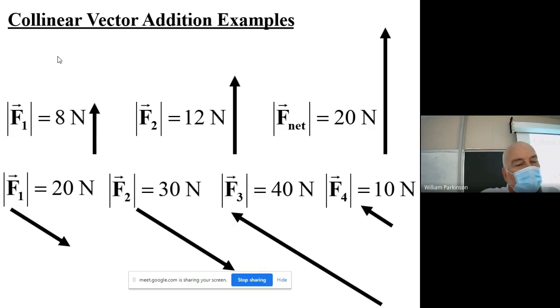Let's look at this closely and let's make sure we're clear. F1 and F2 are a total of 50. F3 is only 40 in the other direction. F1 and F2 win. There's 50 newtons pushing diagonally downward. There is 40 newtons pushing diagonally upward.